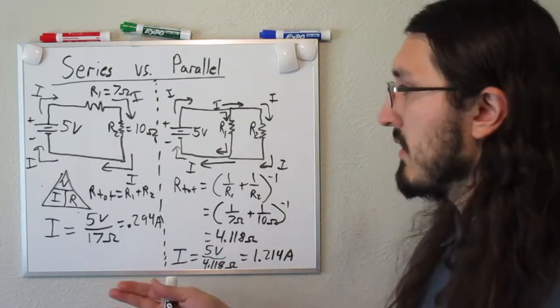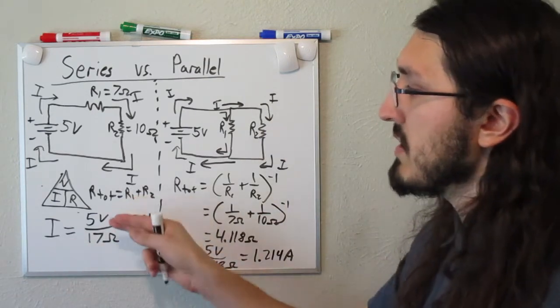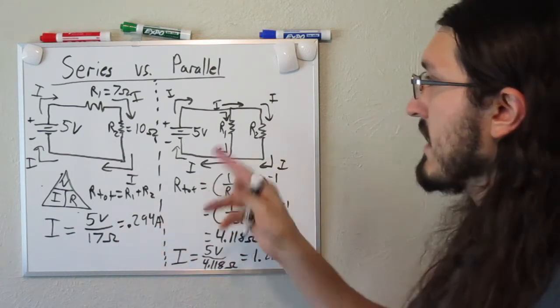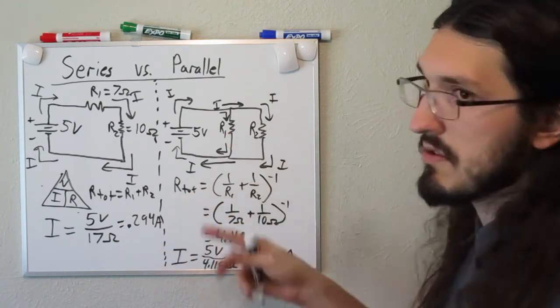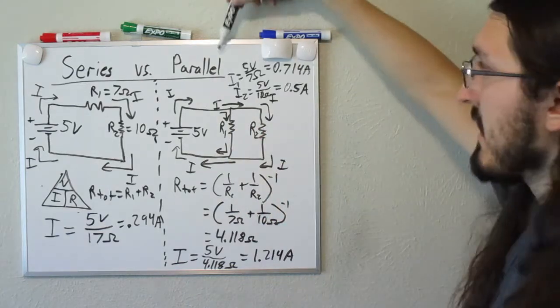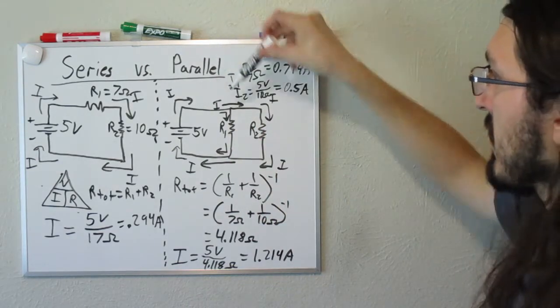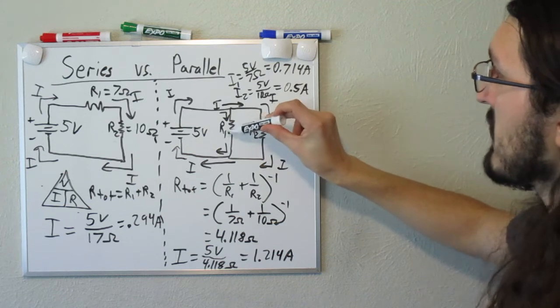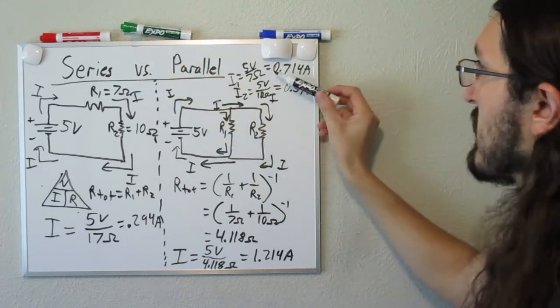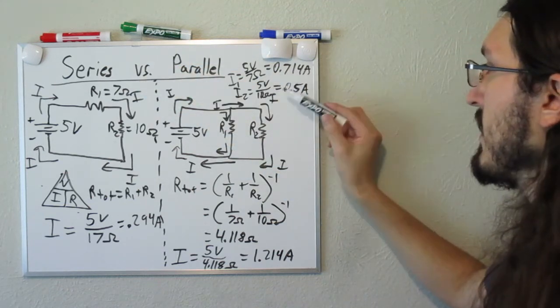If I wanted to, I could also find the currents in each of these branches. Still using Ohm's law, current is equal to voltage divided by resistance, but in this case, instead of using R total, I would just use R1 and R2 for each branch. Here I made these calculations on the top. I1 is the current of the first branch, which is just 5 volts divided by 7 ohms, which comes out to 0.714 amps.